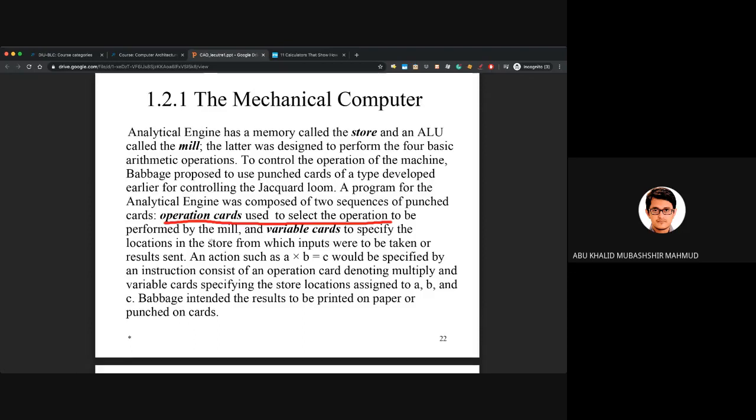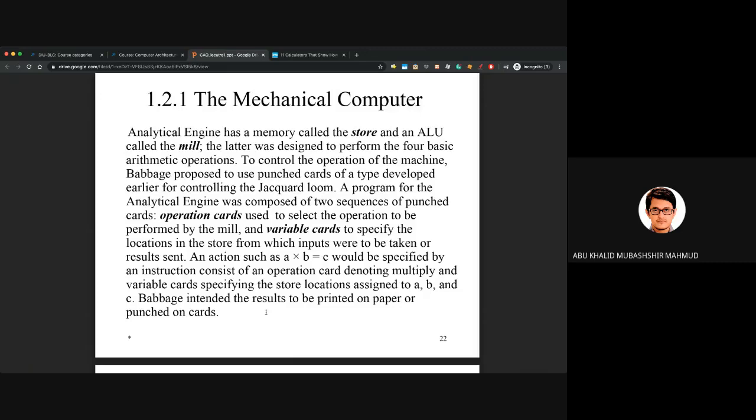The sequence was predetermined to perform an operation, and the variable cards were used to store the values for operating on them. It's as simple as that.